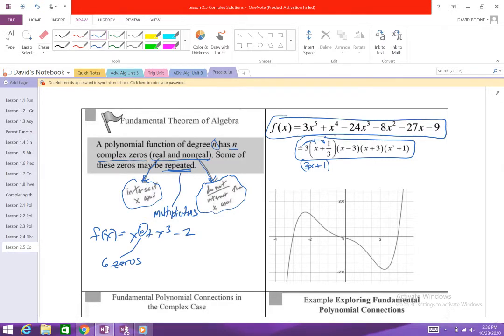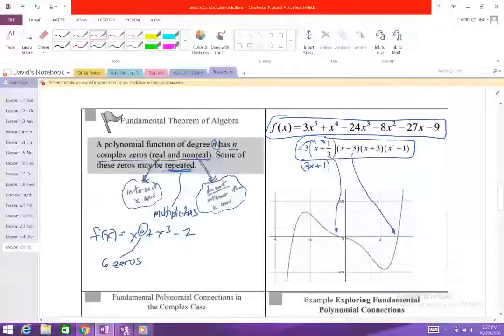If we look at the roots that we had here, we certainly had this x plus 1/3, which would have a root of negative 1/3. The x minus 3 has a root of 3. X plus 3 had a root of negative 3.